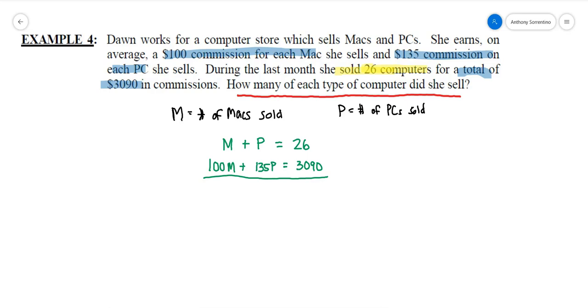It wouldn't be wrong if you tried to solve the bottom equation for one of the two variables if you also chose substitution. And it's just as easy for one of the variables as the other, so it doesn't matter which one you would choose in this one as far as ease goes. I chose to solve for p. And so I changed this equation here into p equals 26 minus m.